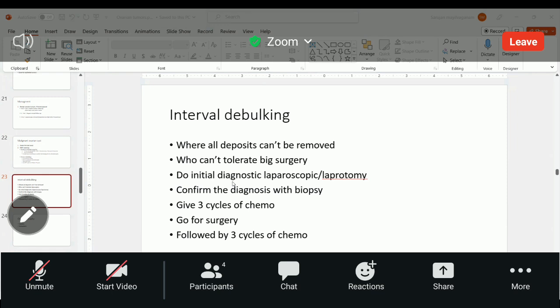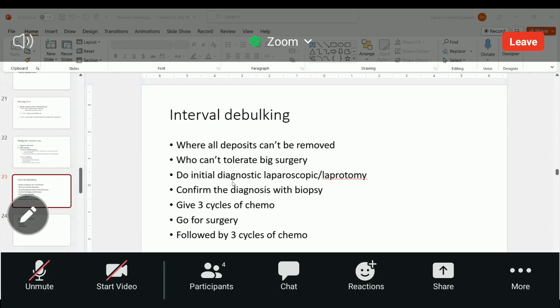What does interval debulking mean? We will be opening the abdomen, or we will approach the patient laparoscopically, and we will take a tissue as a biopsy. In the interval debulking, first we do that. We do the laparotomy or laparoscopy, remove a small tissue for biopsy, and we confirm the diagnosis and give the chemo.